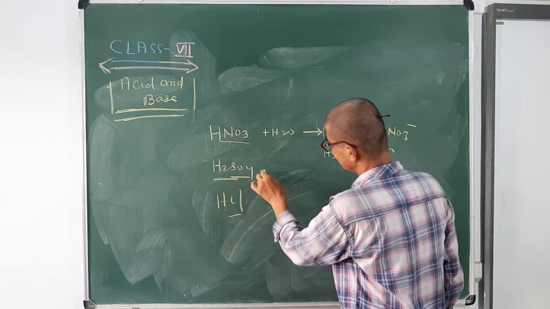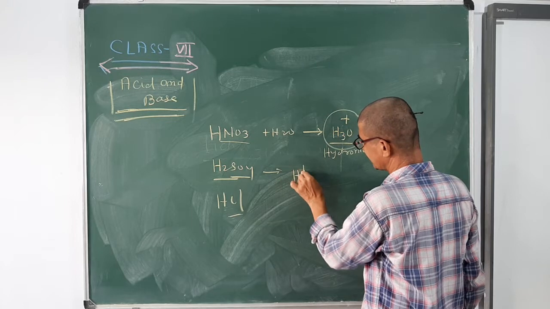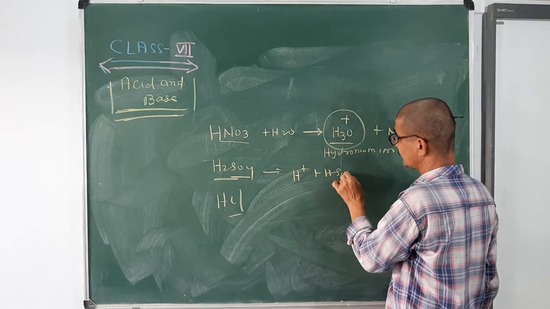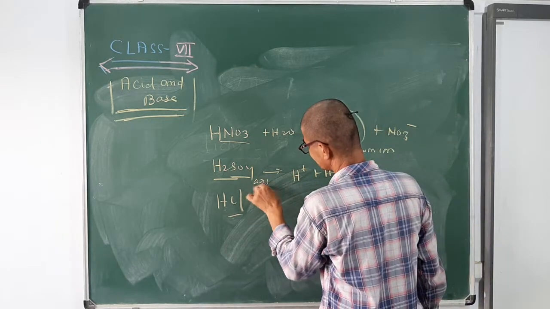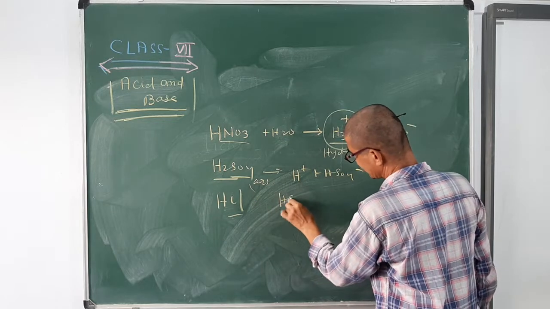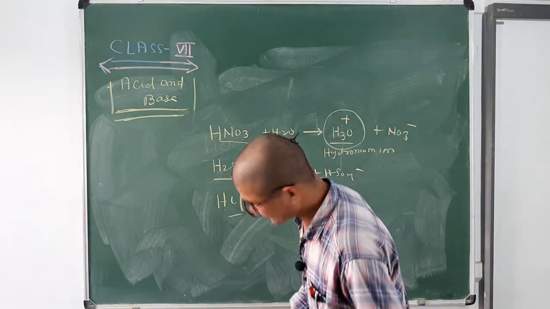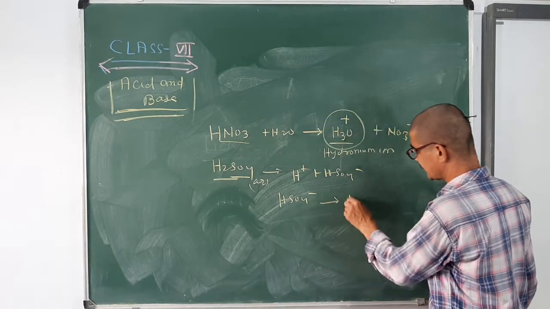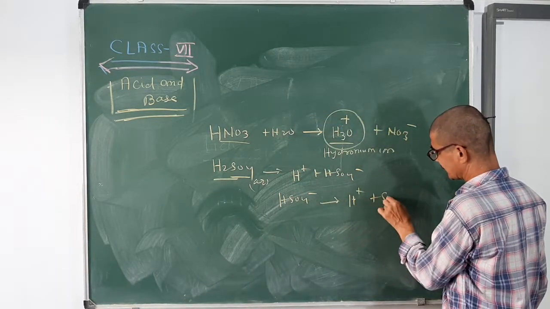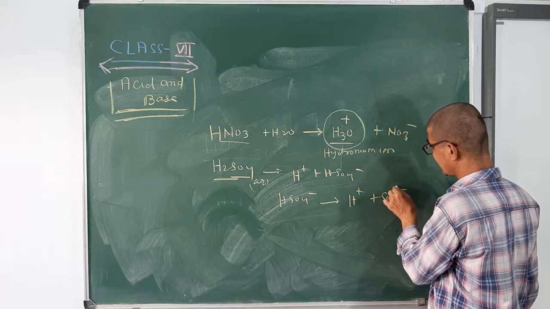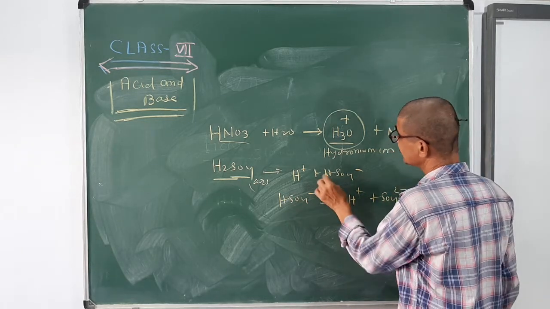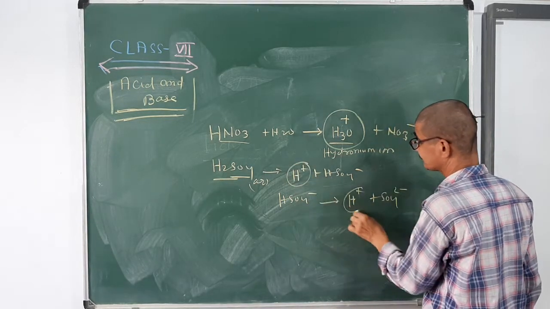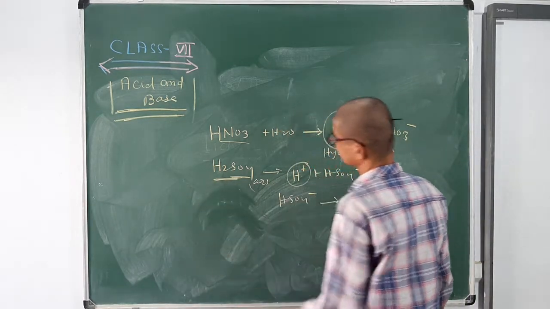Sulfuric acid gives two hydrogen ions, one by one: H plus and HSO4 minus in aqueous solution. Now HSO4 minus again releases one hydrogen ion and forms sulfate ion. So sulfuric acid gives two replaceable hydrogen ions.